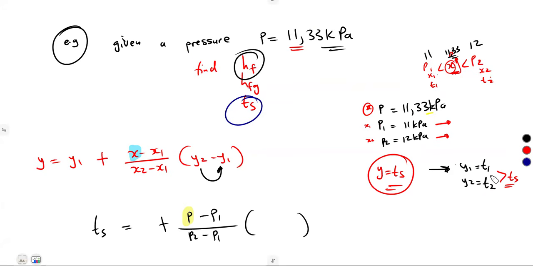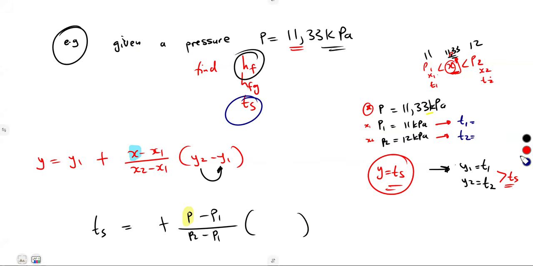That's why we name them T1, T2, but they are our saturation temperature. So at P1, our 11 kilopascal, what is the value of T1, which is your Ts? That is what you're going to need. All right, that is the concept here. What is the value of T2? That is what you're going to need.